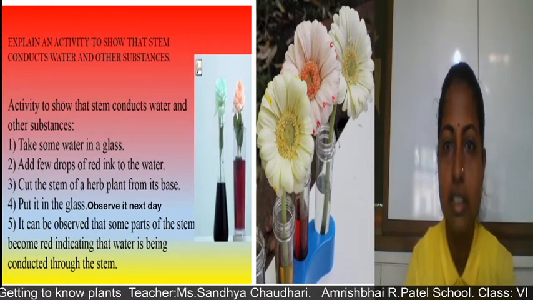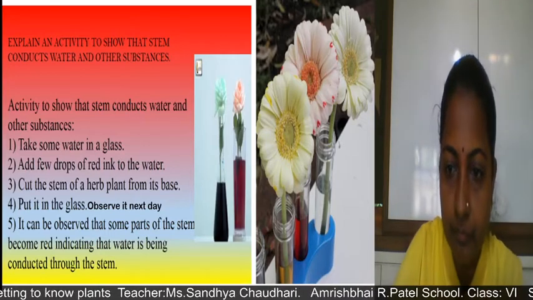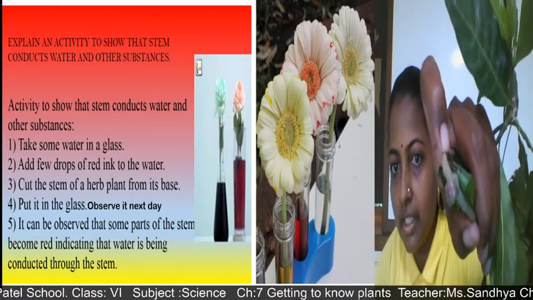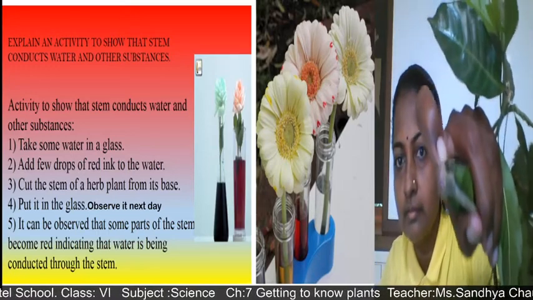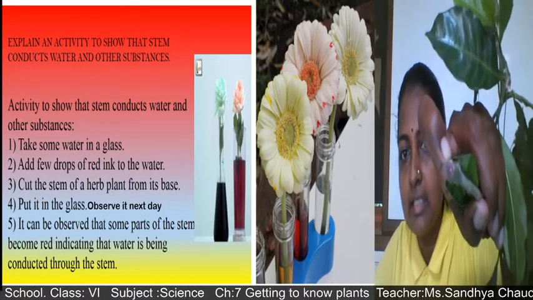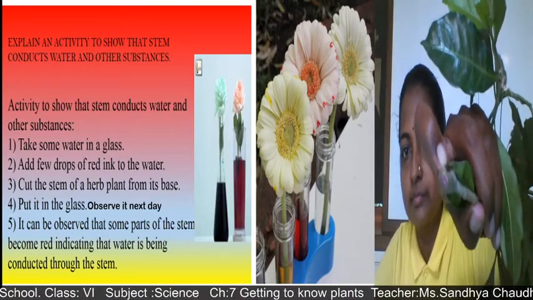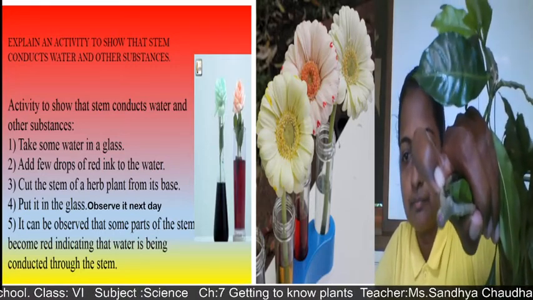Now I will cut that stem part also. Students, after cutting the stem, you can see the pinkish color there. So it shows that the stem conducts water, and the dissolved minerals as well.